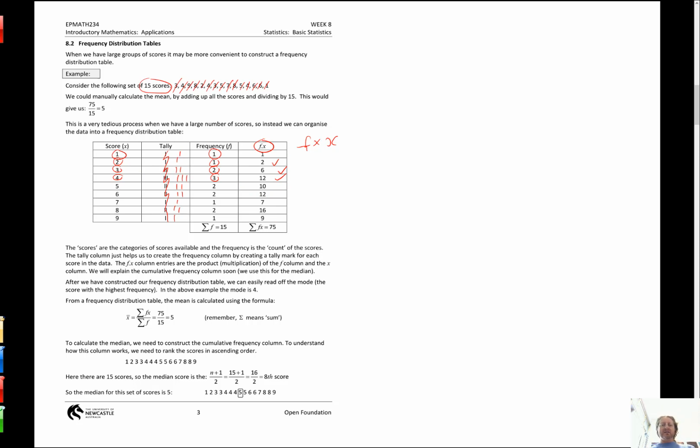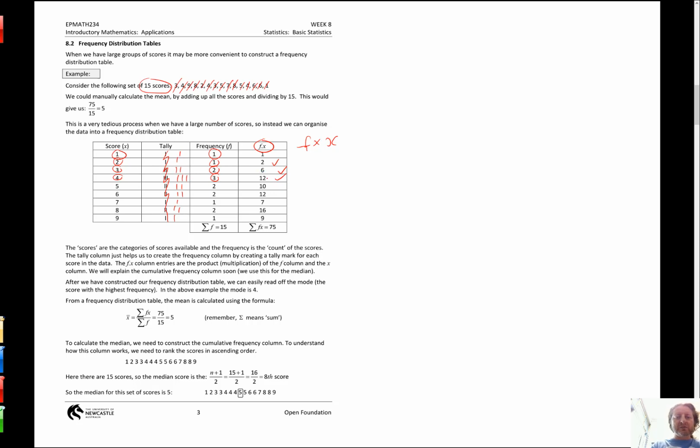Now, why did I make it? Imagine if I was putting all this in the calculator and I said, let's add up all the scores. There's a score 1 plus a 2 plus a 3 plus a 3 plus a 4 plus a 4 plus a 4, that's a bit slow. But if I say I've got 1, 1, that's worth a total of 1. I've got 1, 2, which is worth 2, but I've got 2 3s, they add up to 6.